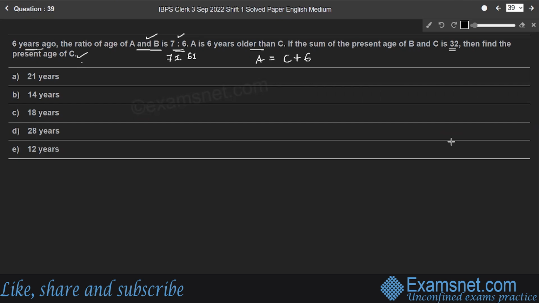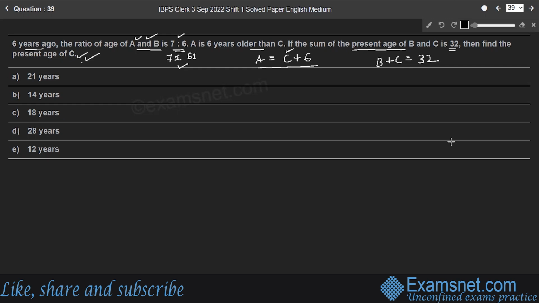So we need to find the present age of C. Based on the sum of present age of B and C is 32, so B plus C is equal to 32. Right? So first we need to find the value of X, taking 7x as A's age and 6x as B's age. Then based on the second information, A is equal to C plus 6.